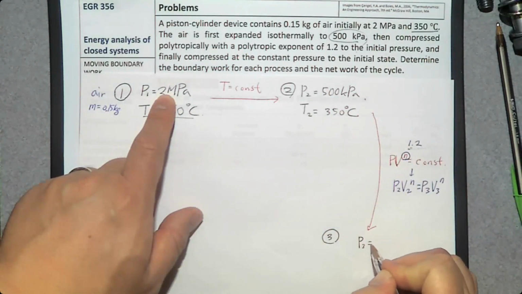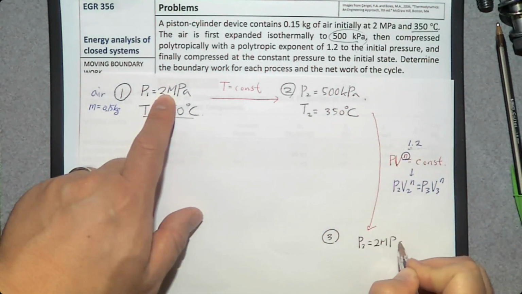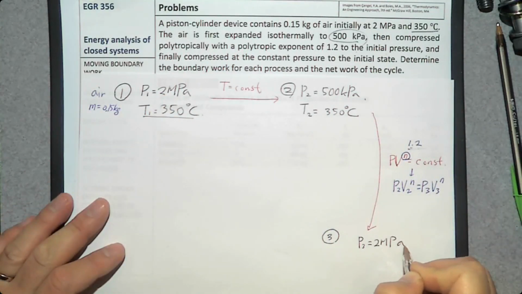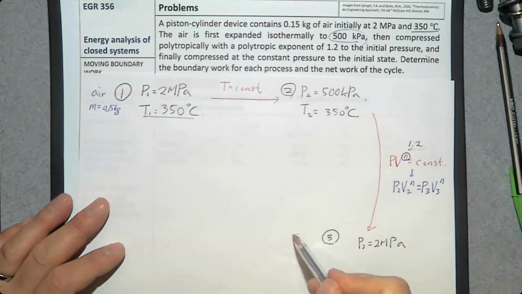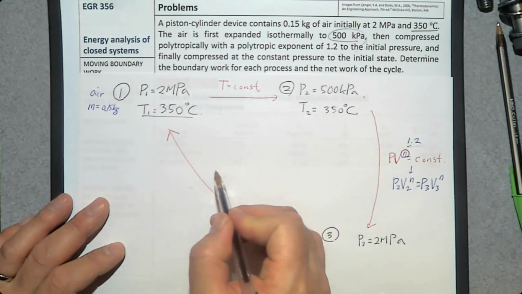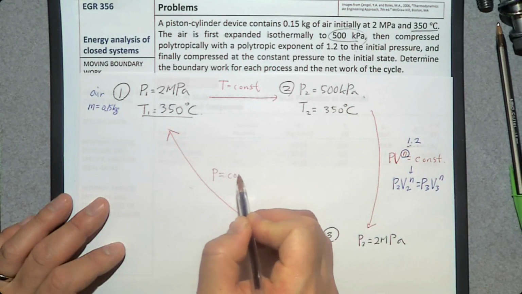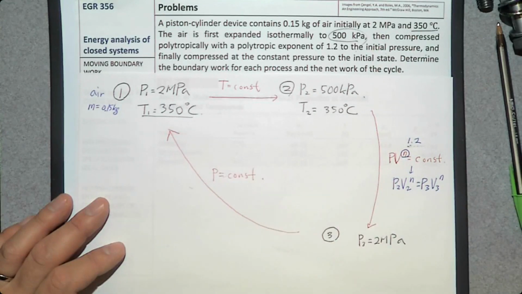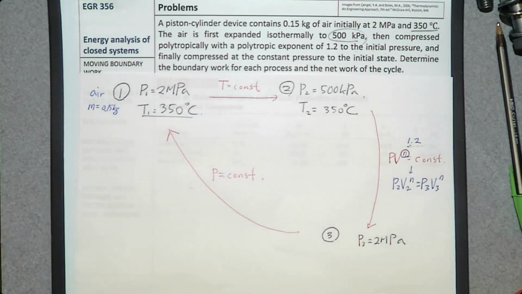So P3 is 2 megapascal. And finally compressed at constant pressure to the initial state. So it's a constant pressure, P is constant. Determine the moving boundary work for each process and the net work of the cycle.